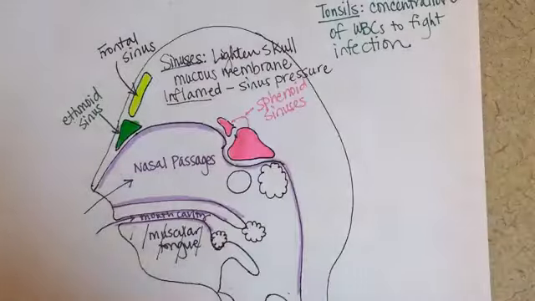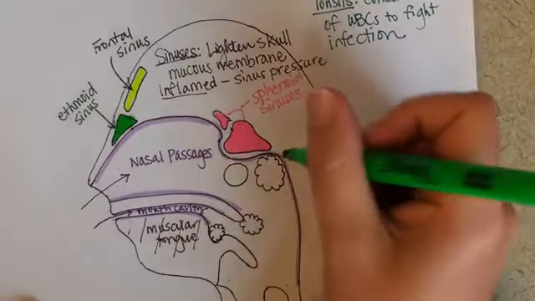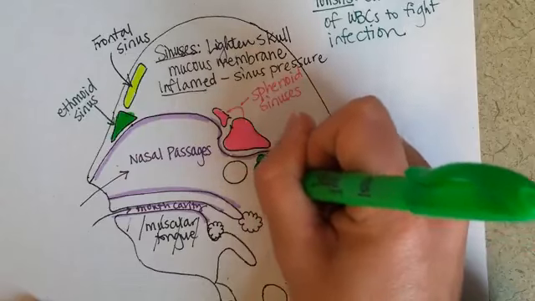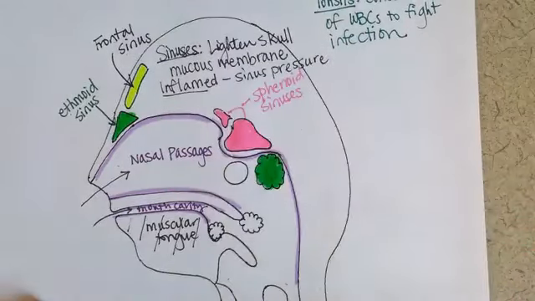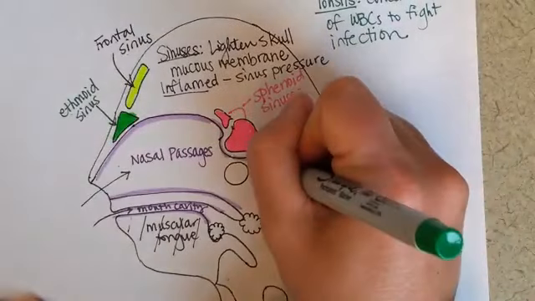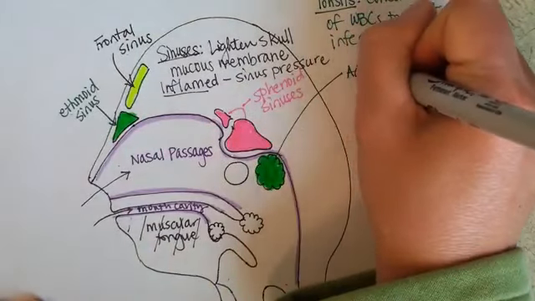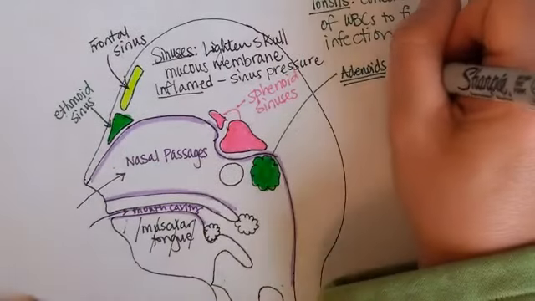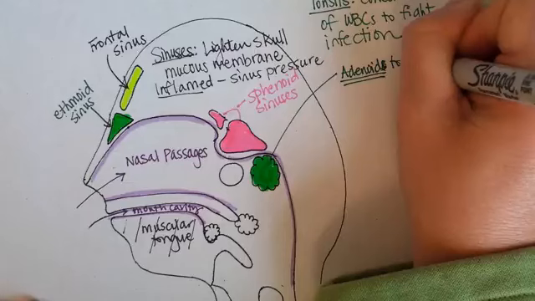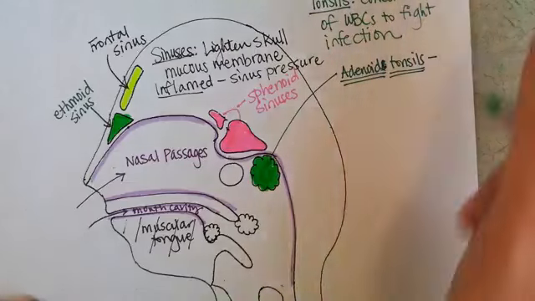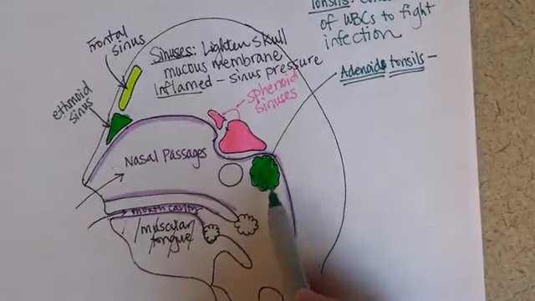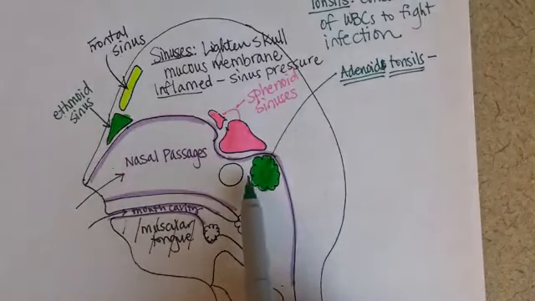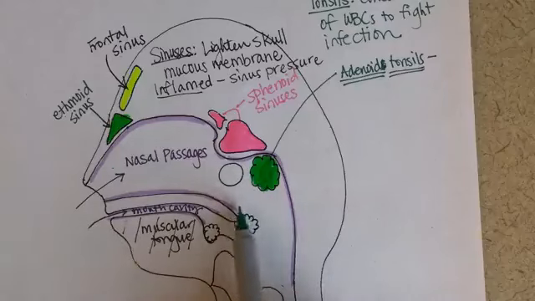So the highest that you have are called your adenoids. The adenoid tonsils are the ones that are implicated in snoring and sleep apnea, because if they get really swollen and inflamed, they can get so big they block airflow through the nose.